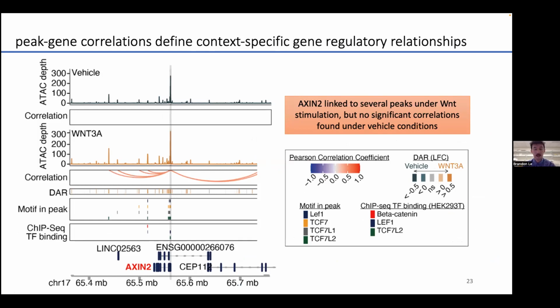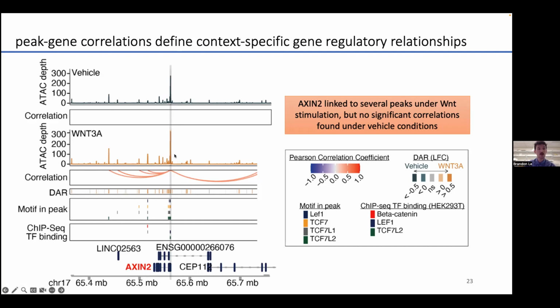What we're looking at here is a locus for AXIN2, one of the components of the Wnt signaling pathway, a major player in that destruction complex. We're centering the plot here at the promoter of AXIN2, where you can see there's a strong chromatin accessibility peak that is visible both in vehicle condition and also in Wnt3a stimulated conditions.